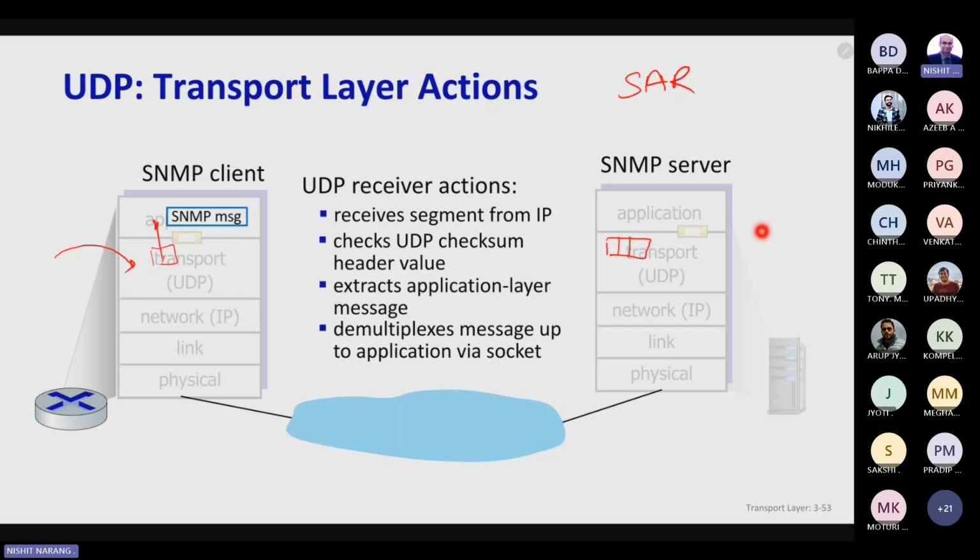Neither protocol provides delay guarantees, neither protocol provides bandwidth guarantees, neither protocol provides security for the application traffic. So security is not a function of the transport layers. And if it is, it's definitely not a function of TCP or UDP.